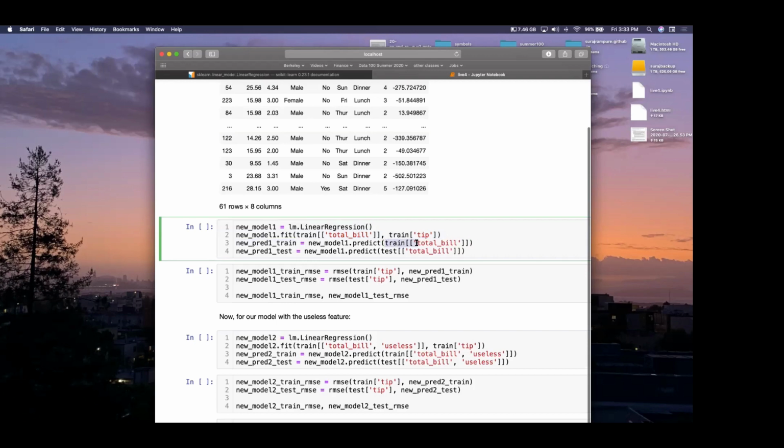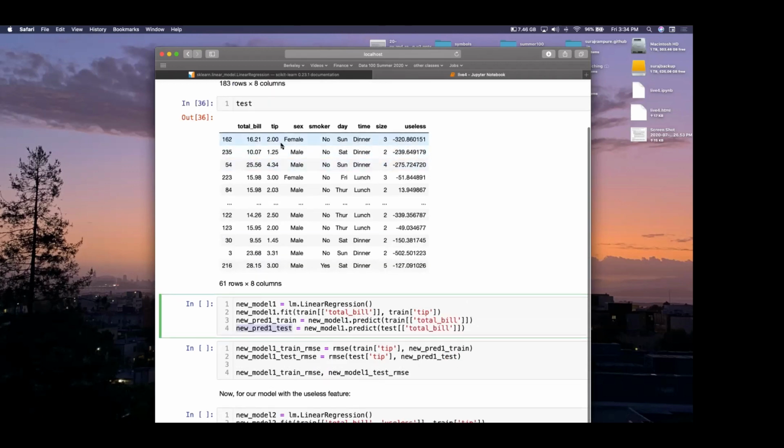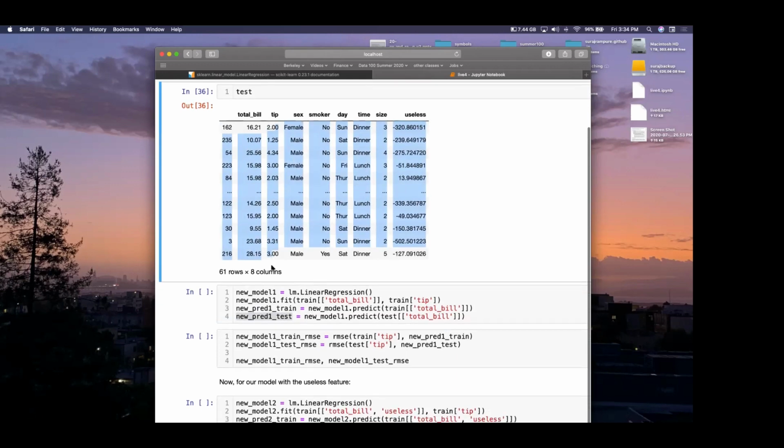And the thing that I'm passing into model.predict is my training values for total bill. The last line is predicting what the Y values should be for my testing data. Up until this point, at no point has my model seen what the Y values for the testing data is. So our model's never seen this column, but we're still going to try and predict what its values should be.